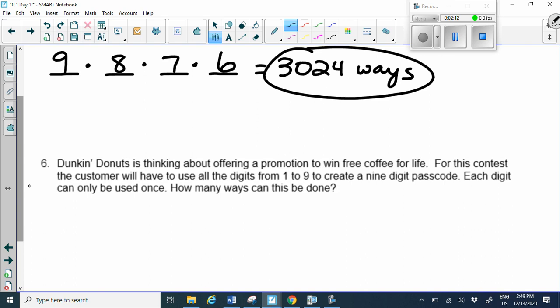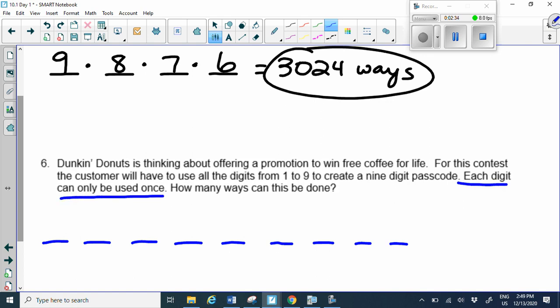Okay, so this is actually going to be similar to what we just did in the last one. Now, instead of having 4 digits, I have to choose 9. So I'm going to do 9 dash marks to indicate those 9 digits. So 1, 2, 3, 4, 5, 6, 7, 8, 9. Now notice it said that each digit can only be used once.